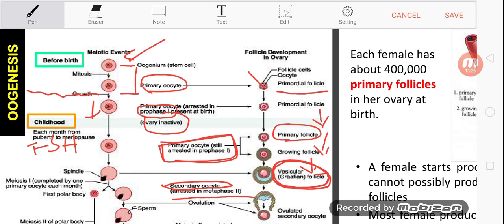Then ovulation happens. So you can see here, after these follicles develop into the most mature follicles, we call them vesicular follicles or Graafian follicles, the meiotic division 1 continues and completes, and starts the meiotic division 2, and ovulation. Ovulation happens.